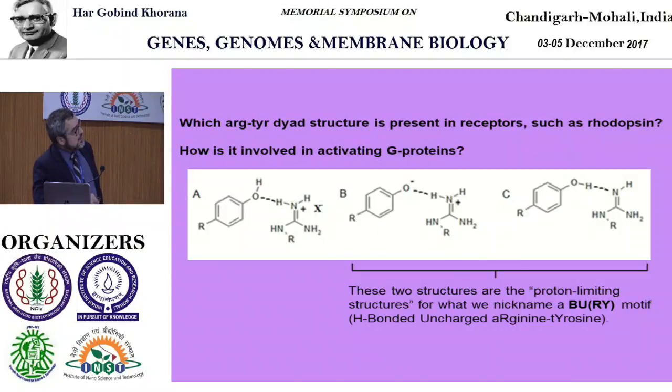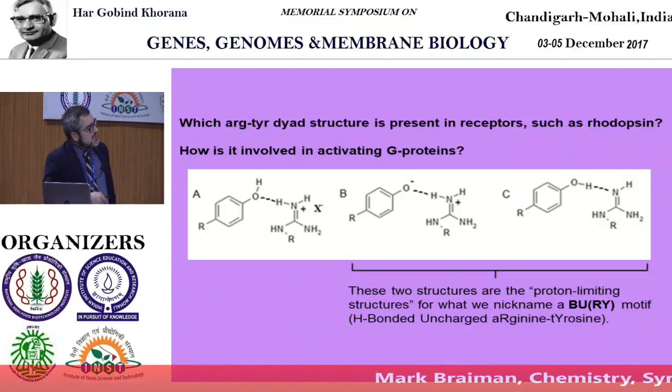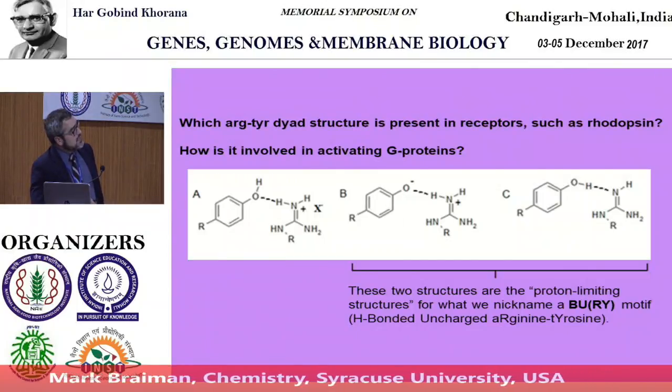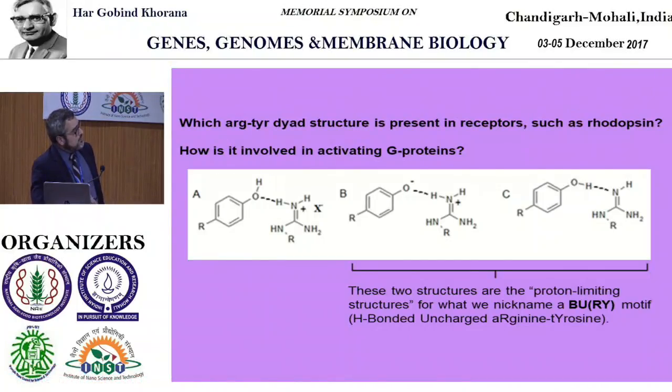The other two are essentially the same charge, and they would be expected to be in rapid equilibrium with a proton moving back and forth between the arginine side chain nitrogen and the oxygen on the tyrosine.